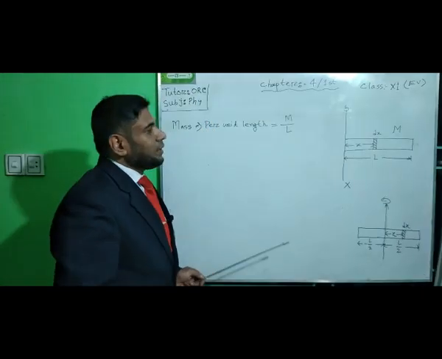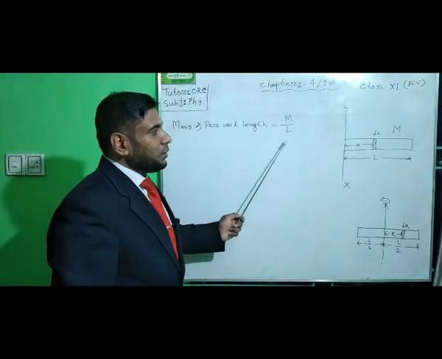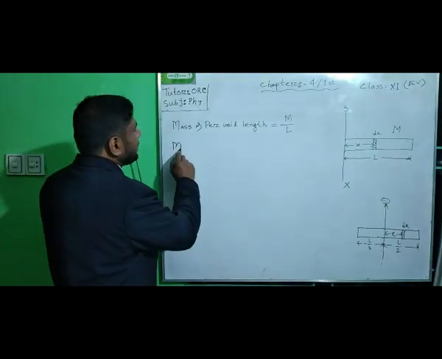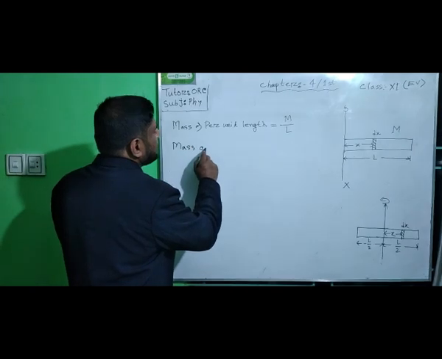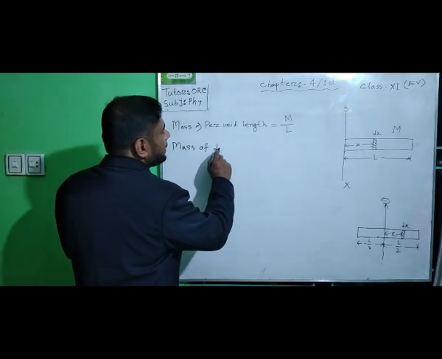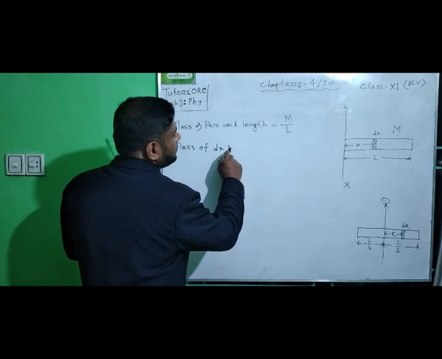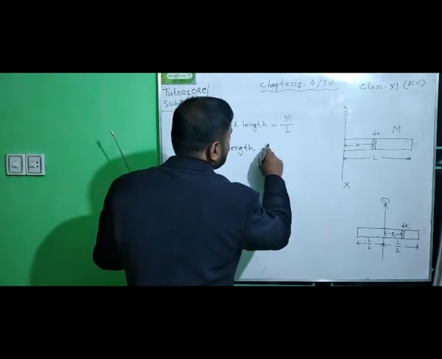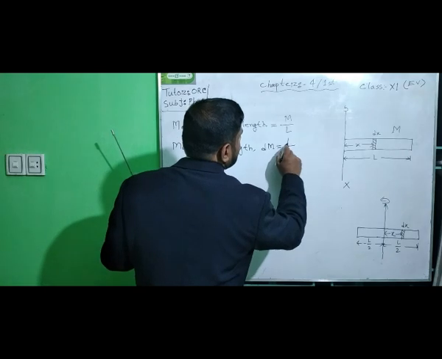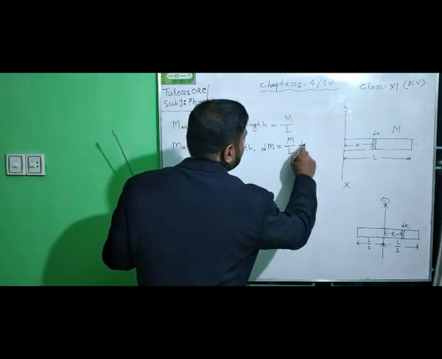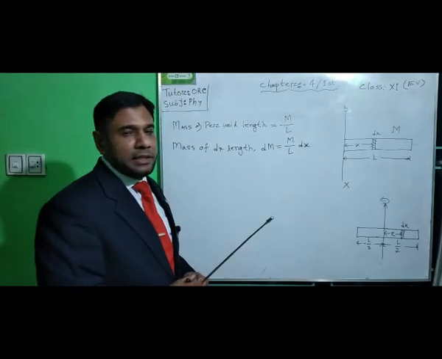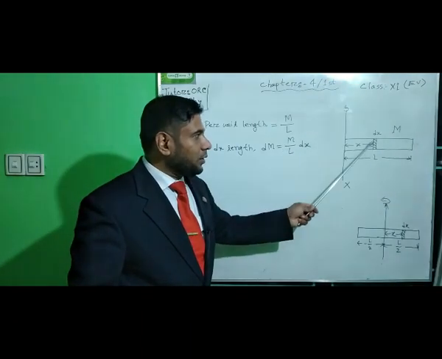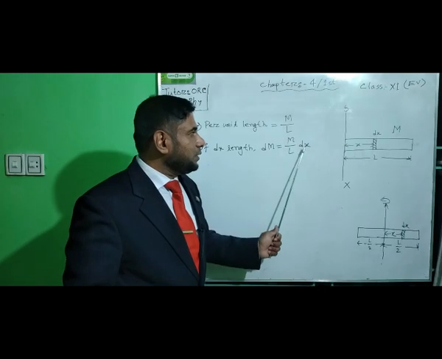As the mass per unit length is m by L, the mass of dx length will be, as it's a very small mass, let us take this dm, equal to m by L into dx.